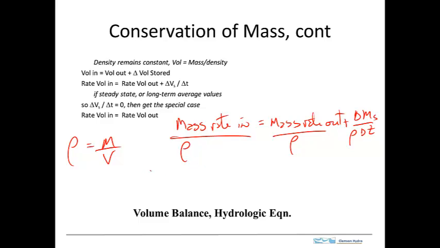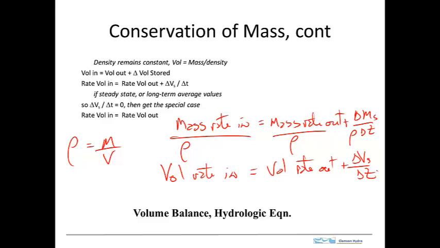And so if the density stays constant throughout our process, then the mass balance gives us a volume balance. And we have the volumetric rate in equals volumetric rate out plus the change of volume stored with time.